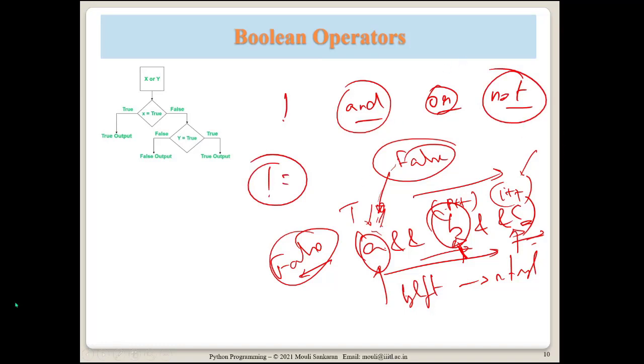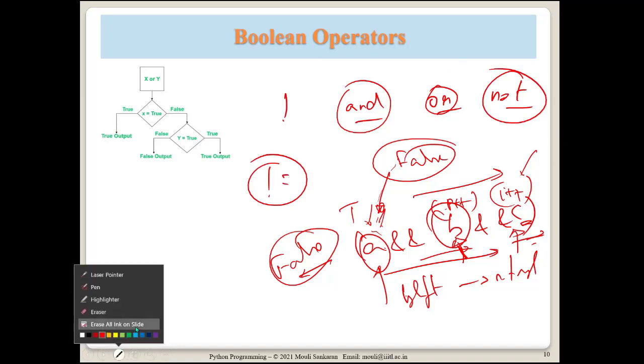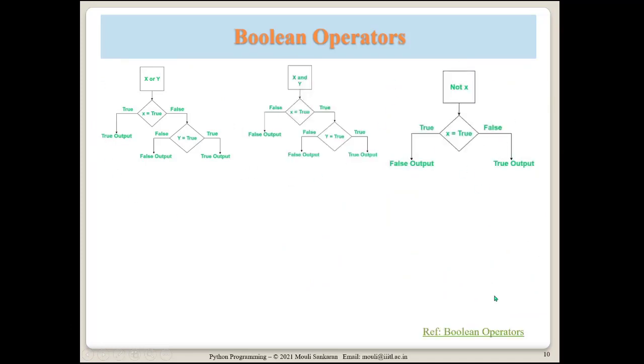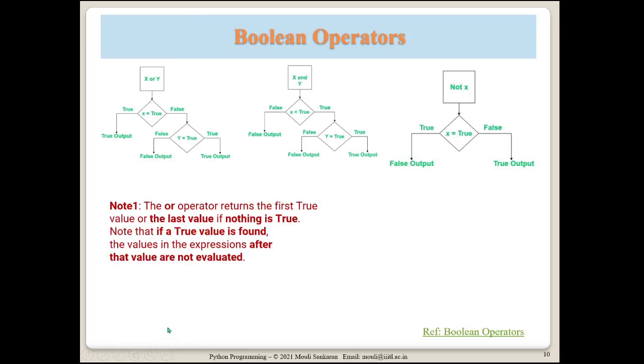Okay, and this is very obvious, so I don't want to explain this. One thing let me tell about the OR operator. The OR operator returns the first true value or the last value if nothing is true. That means the OR operator does the reverse of what the AND operator does.